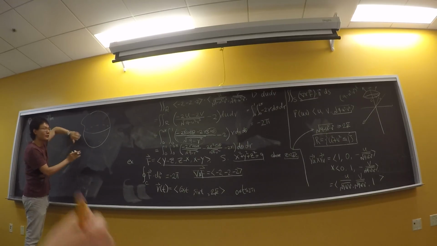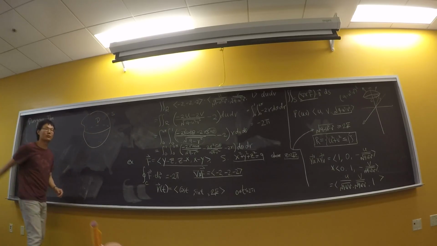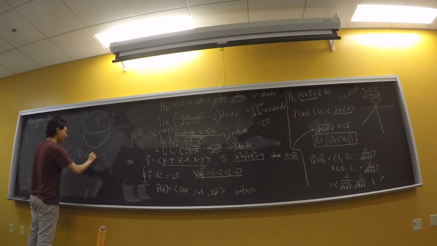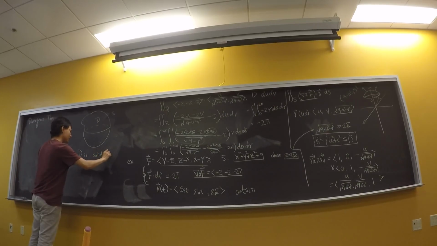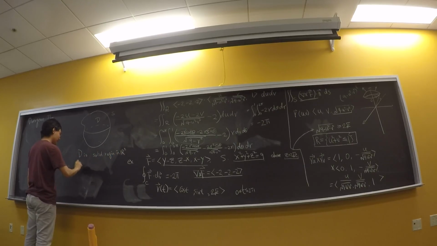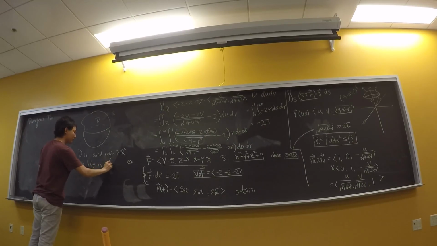So there is a closed surface S bounding an interior solid region D. D is a solid region in R3 with boundary as a closed surface S.